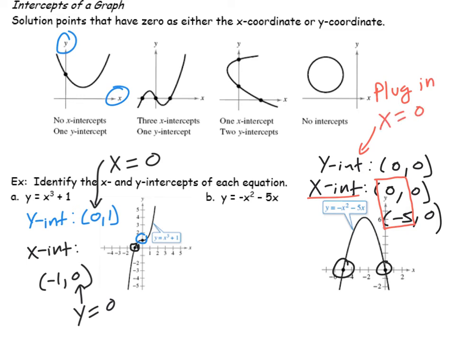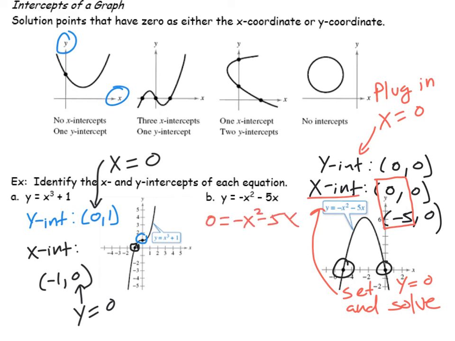For the x-intercepts, set y equal to 0 and solve. That would basically mean you would get your 2 solutions for the x-intercepts from that, okay?